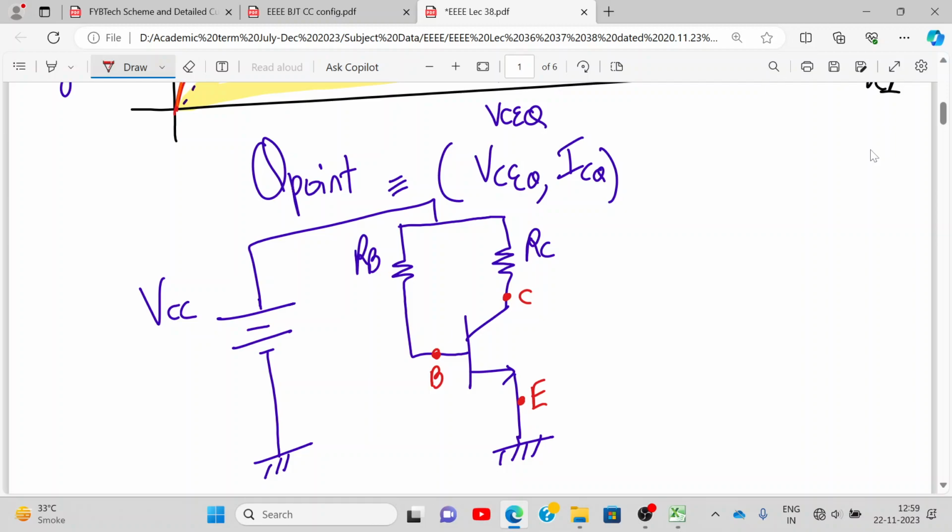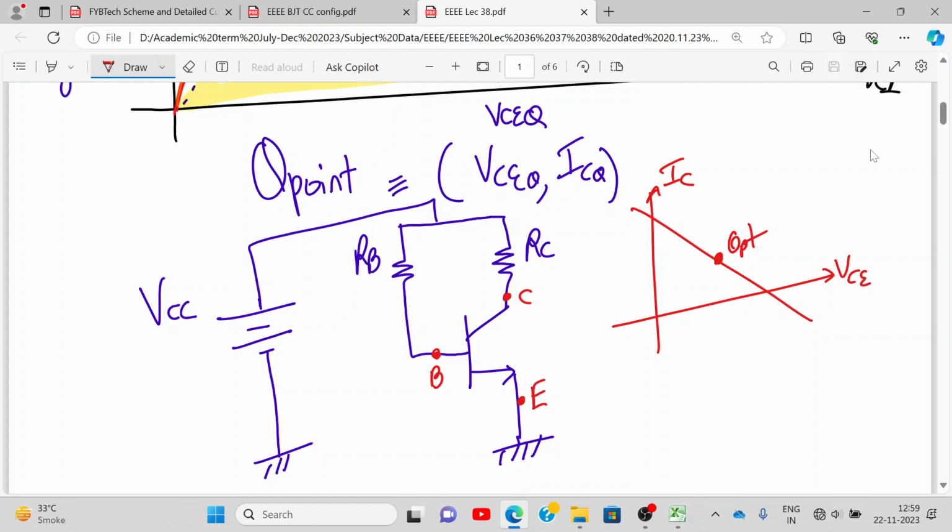For this circuit, we'll determine the Q point and plot that graph. This we will do on Saturday. I'll start with this and I'll complete LED and photodiode also on that day. This circuit name is fixed bias circuit. Only one needs to be covered, that's it. No numericals are there in this.